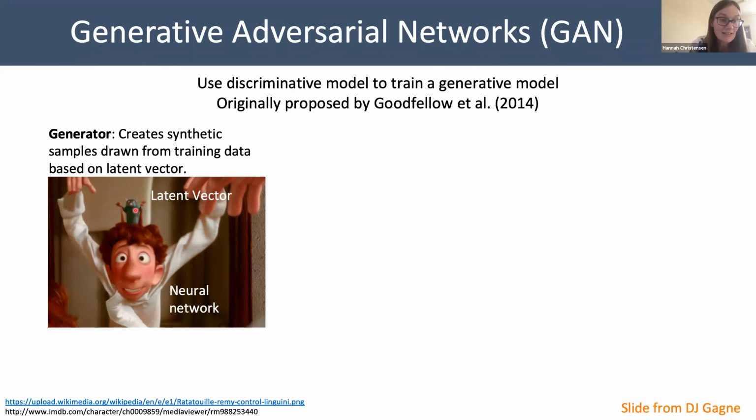This latent vector contains random inputs, and that enables us to sample from the distribution which is represented by the neural network. But in our case, we're also using the conditional version of the GAN. So you can also provide information about the state of the system in that latent vector, which means that the GAN is able to represent these kind of conditional distributions. And so then what happens is that our generator creates a synthetic sample, which is conditioned on this latent input vector, which contains both this random and predictive component.